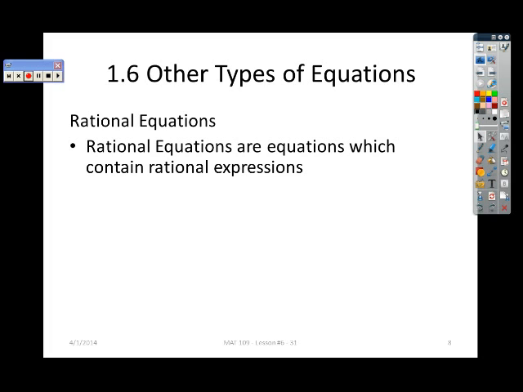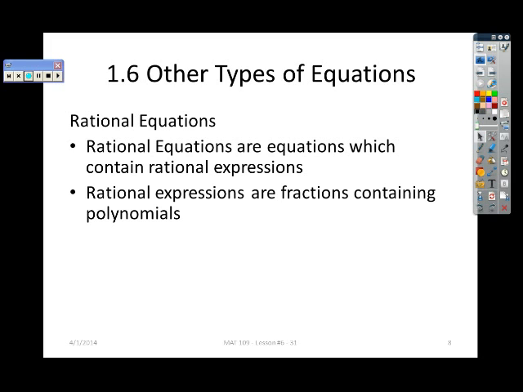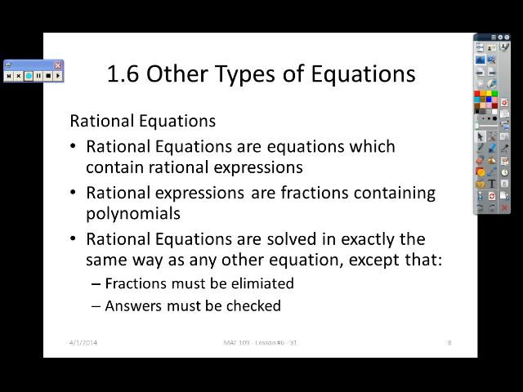If you don't have variables in a denominator, you just have normal fractions, you can work with fractions as long as they're number fractions. No problem. But if you have variables in those denominators, you cannot keep them. You have to bring those variables up into the numerator. Get the variables out of the denominator. So in other words, eliminate all denominators. So eliminate fractions and checking your answer.